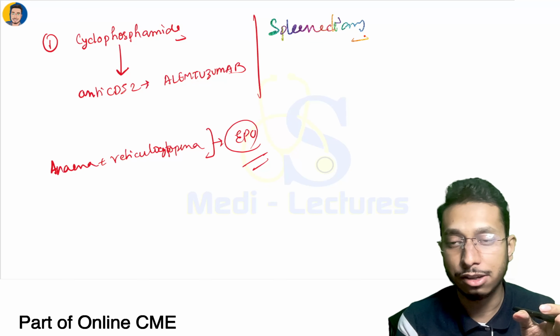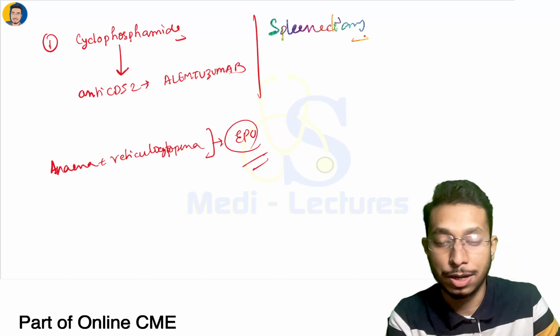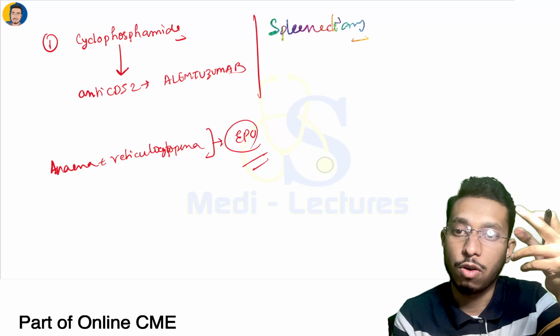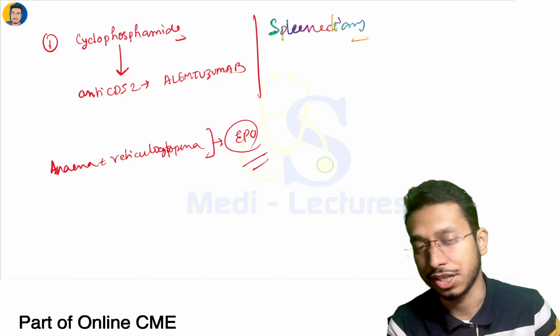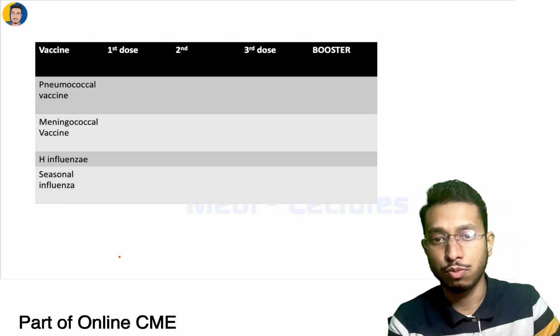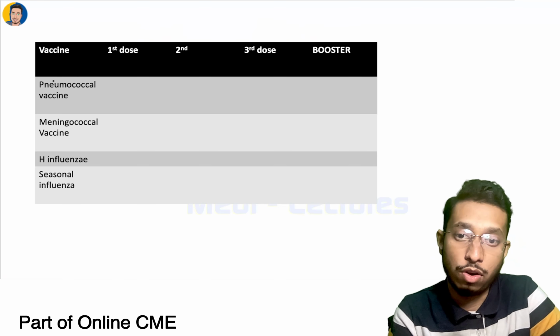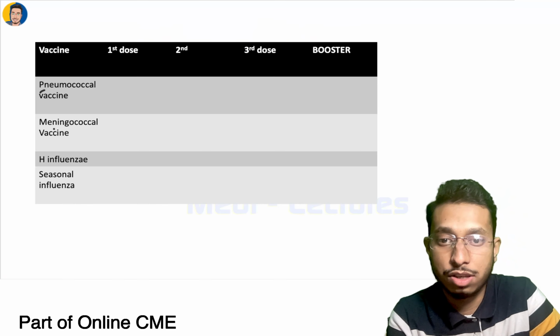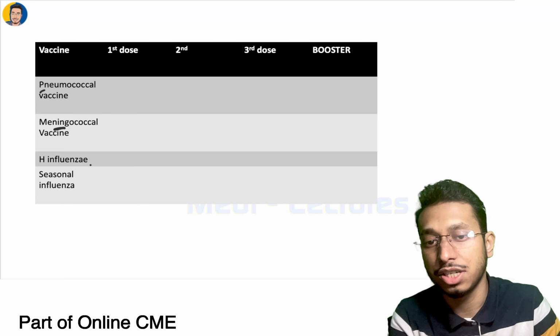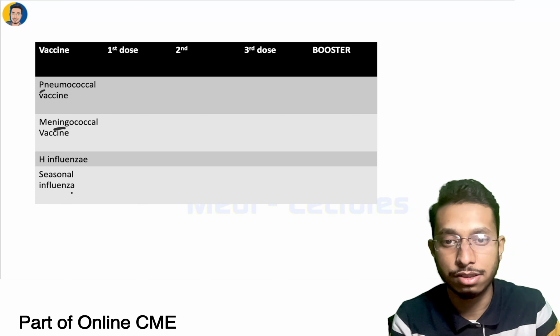And if the major site of hemolysis is taken away, that is, splenectomy is done, obviously it also increases the risk of infection with encapsulated organisms. So we need to vaccinate the patient. So what are the risks? Risks for pneumococcal as well as meningococcal infection. Meningococcal can be B and A2 types, as well as Haemophilus influenzae infection and seasonal influenza infection increases.